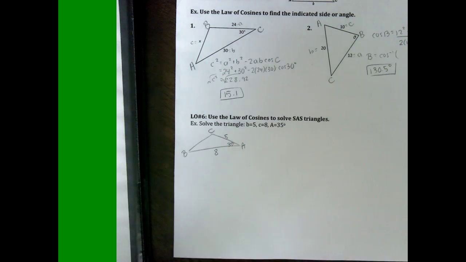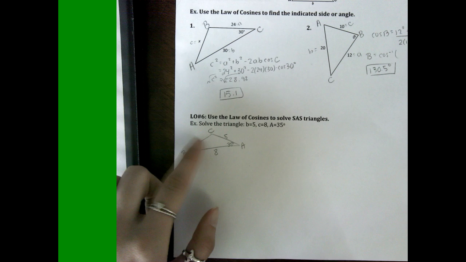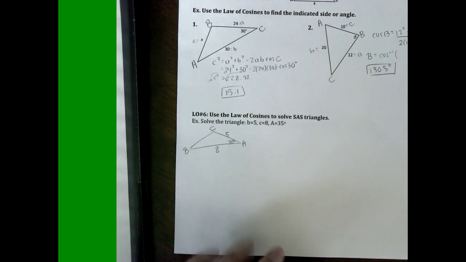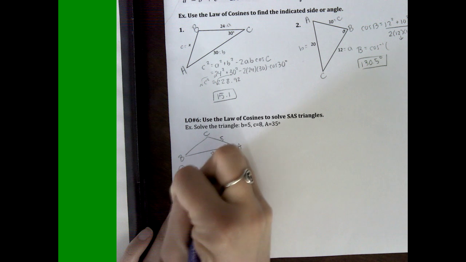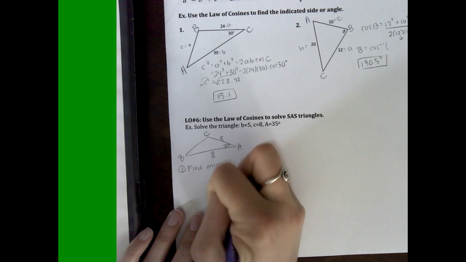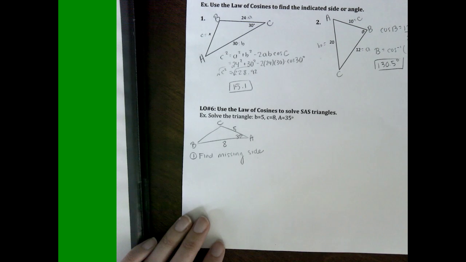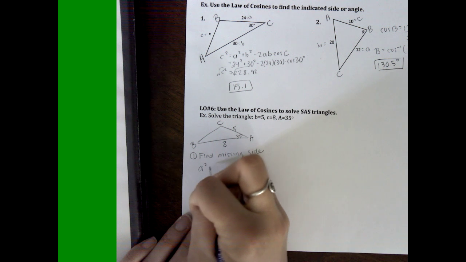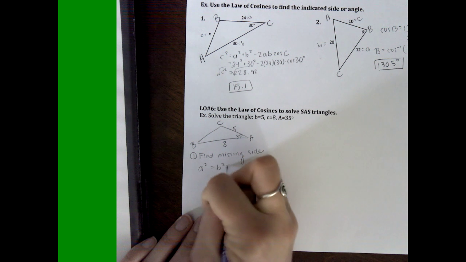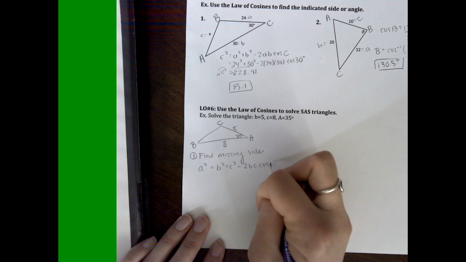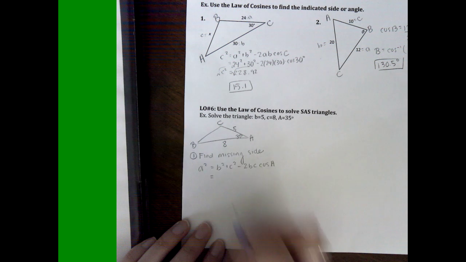Okay, so because we're given angle A, that's the side that we have to find. So you have to start by finding the missing side first. We cannot find an angle yet. We have to find the missing side first. Find the missing side, which in this case is side A, which means I'm going to use this formula. Now I'm going to plug right into that.